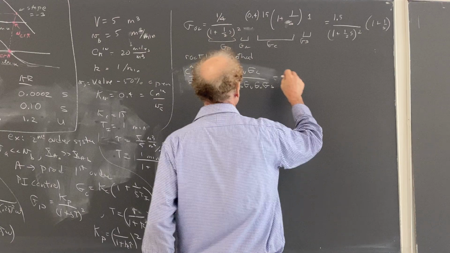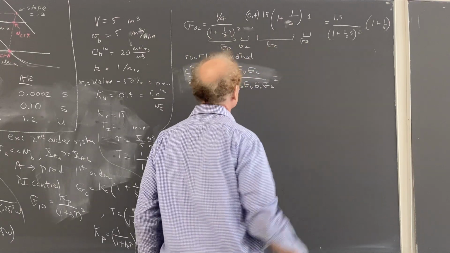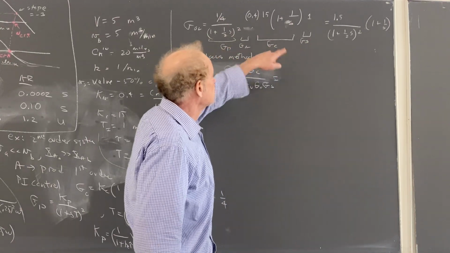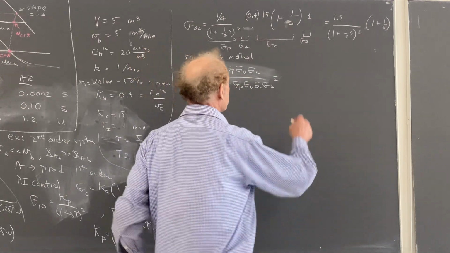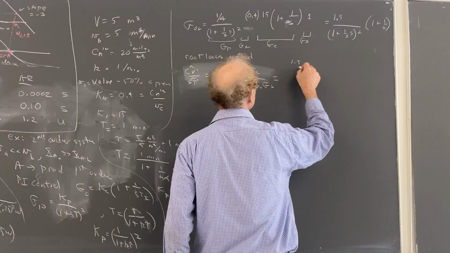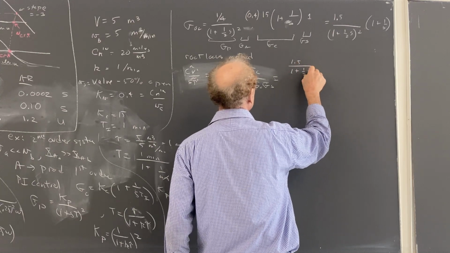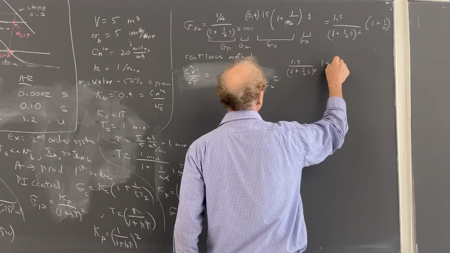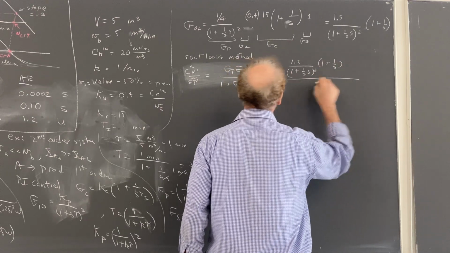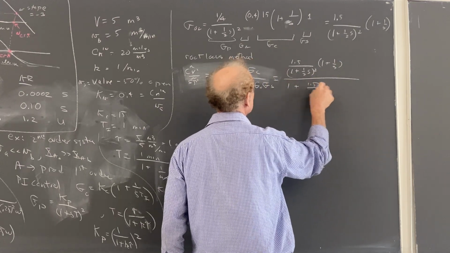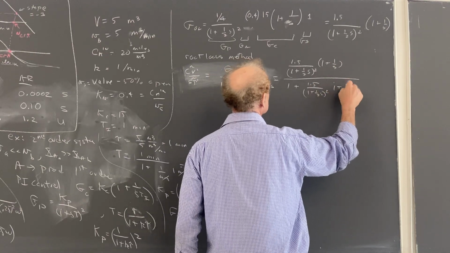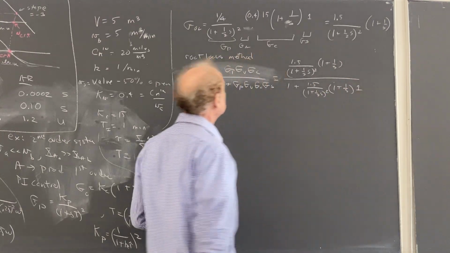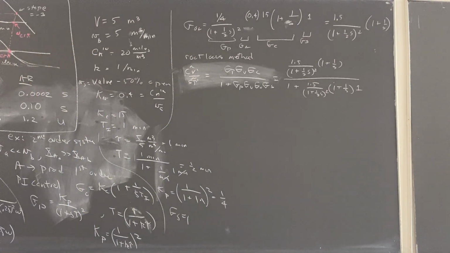The numerator, the Gs is a 1, so the numerator and denominator are the same. I have 1.5, 1 plus 1/2 S squared, 1 plus 1 over S, divided by 1 plus 1.5, 1 plus 1/2 S squared, 1 plus 1 over S, times 1. So here I have the extra Gs.